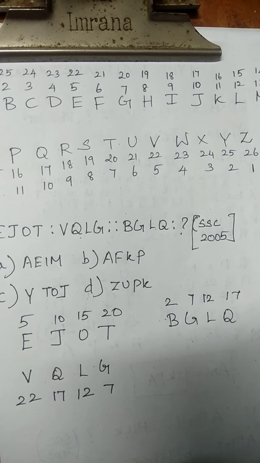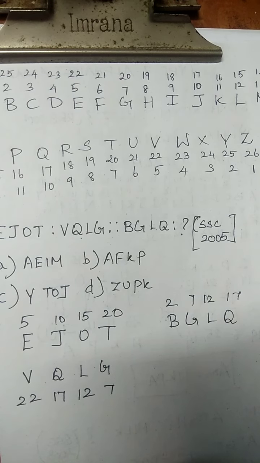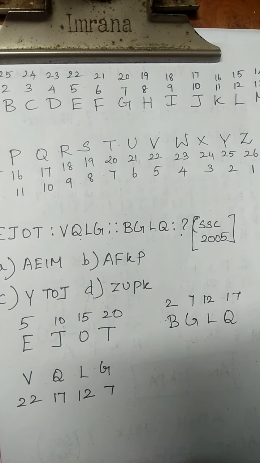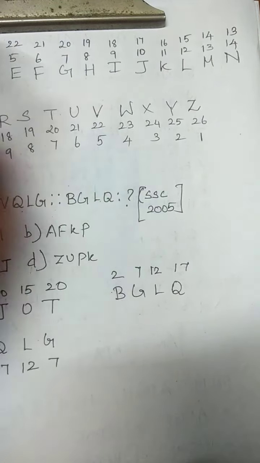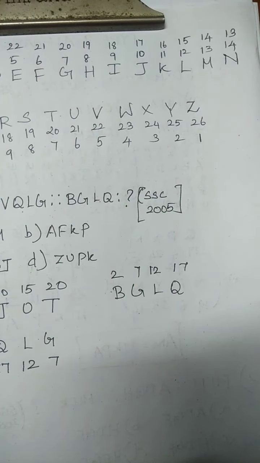For the same 2, 7, 12, 17, we write the alphabets in reversal order, from Z as 1 up to A as 26.